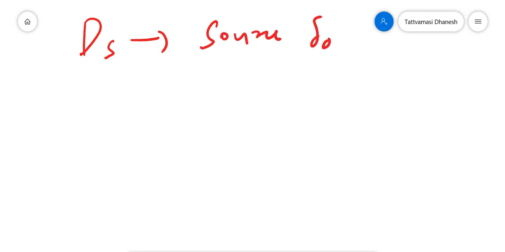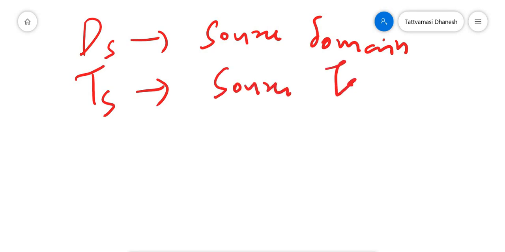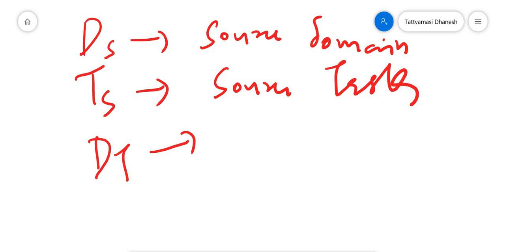We have a source task and a target task as well. So Ds is the source domain, Ts is the source task, Dt is the target domain, and you have the target task.